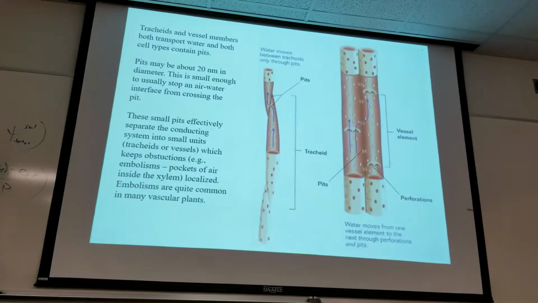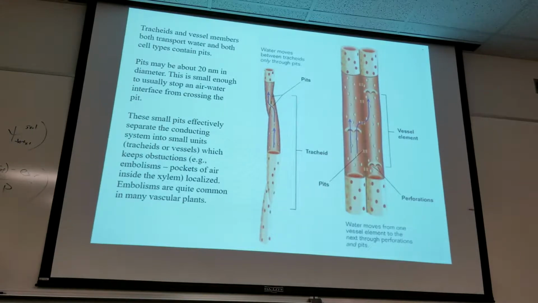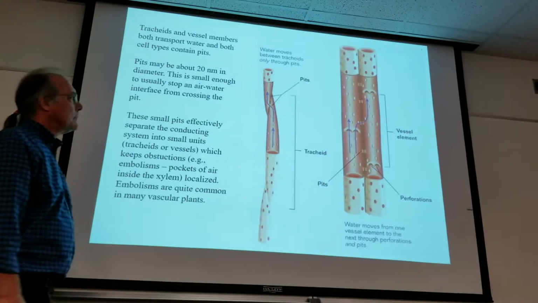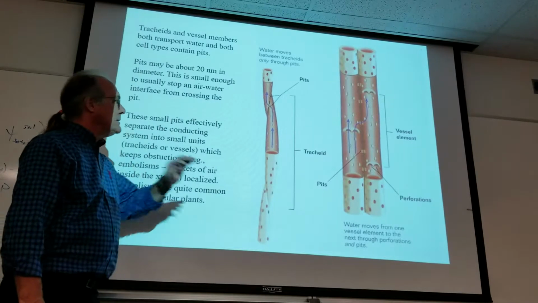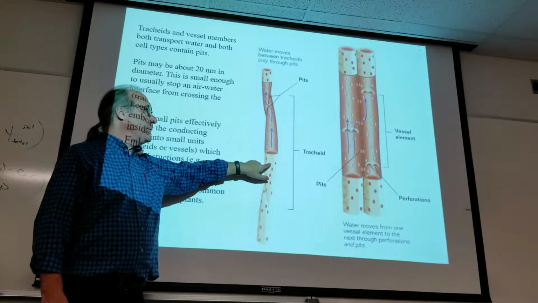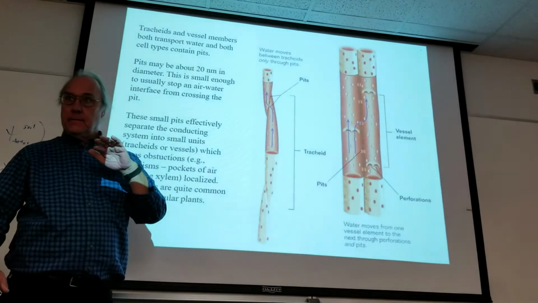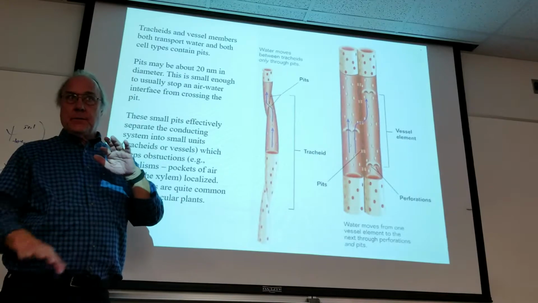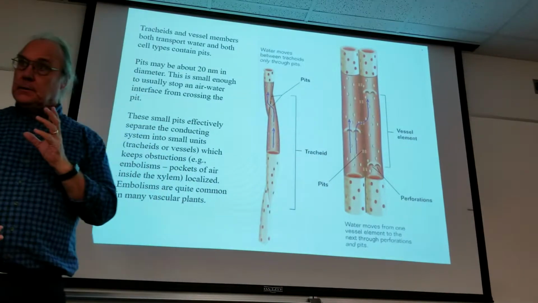How does a bolus of air happen? How does it happen? These embolisms tend to form when the total water potential in the vessel gets very negative. And that total potential in the xylem is mostly the pressure potential.